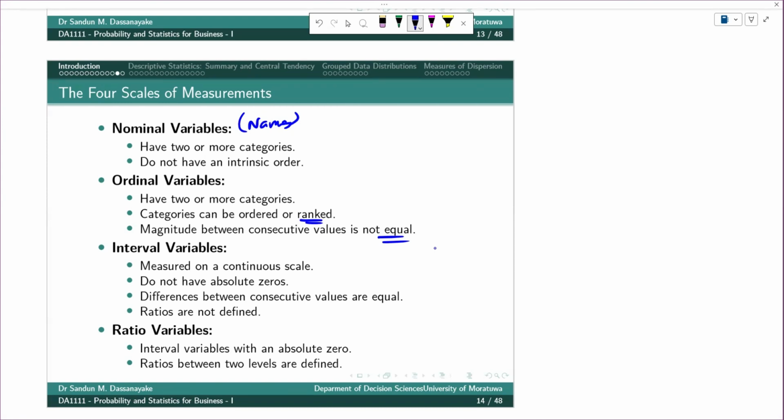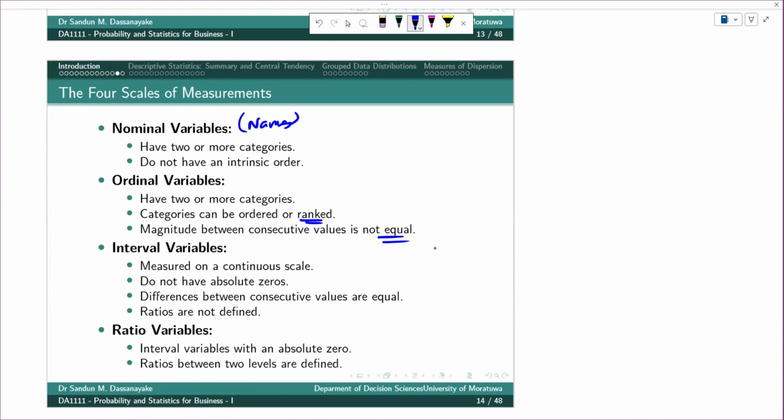Differences between consecutive values are equal. Ratios are not defined; you can't define a ratio in the case of interval variables. It can be a time interval, a length interval, or a temperature measurement with a particular interval.